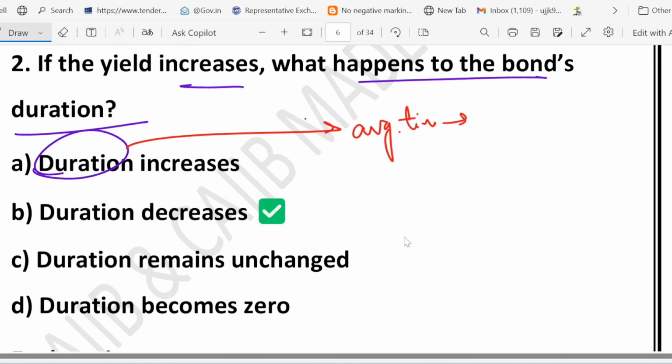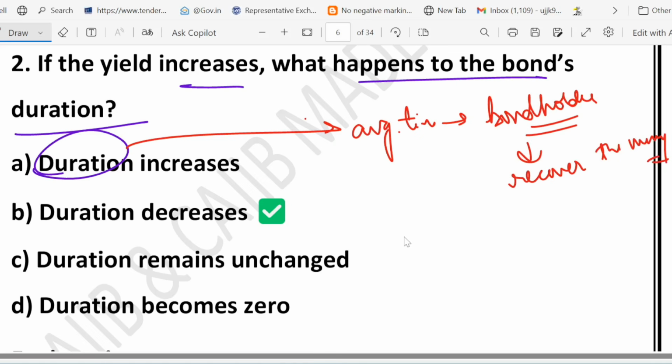Average time it takes for a bondholder to recover the money they have invested in the bond. So it is not just about time. It's also about the value of future payments.